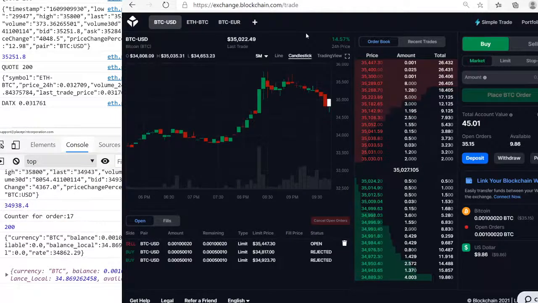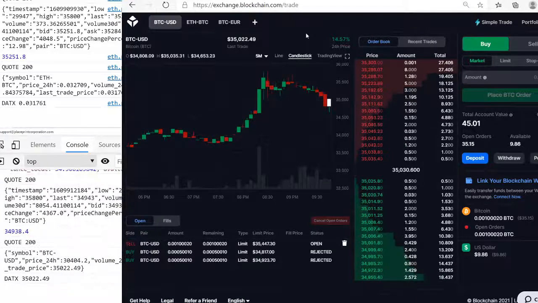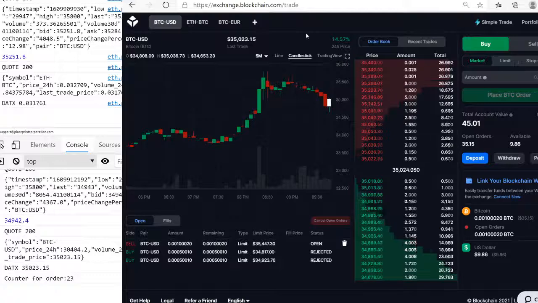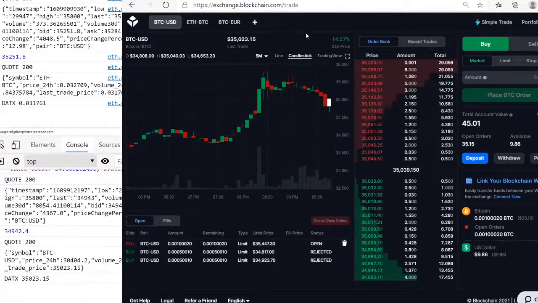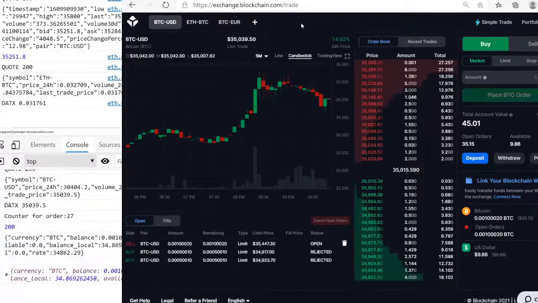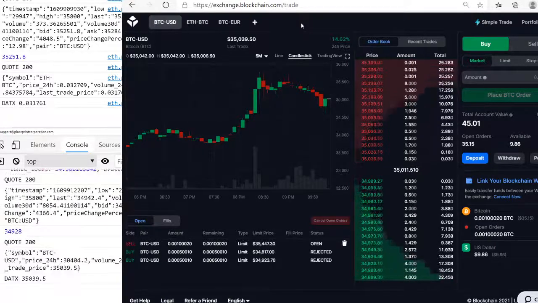I appreciate that big time. If we don't get a refresh, counter for order. Yeah, that order is not canceling. We need to fix that. Got to be very careful.